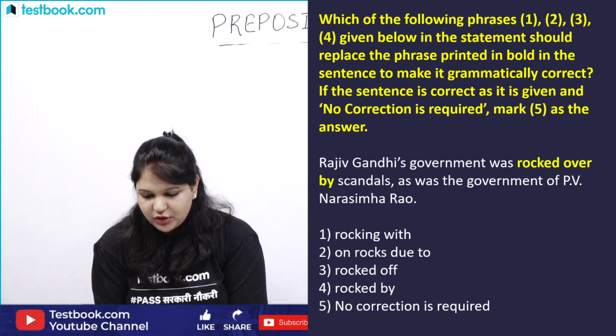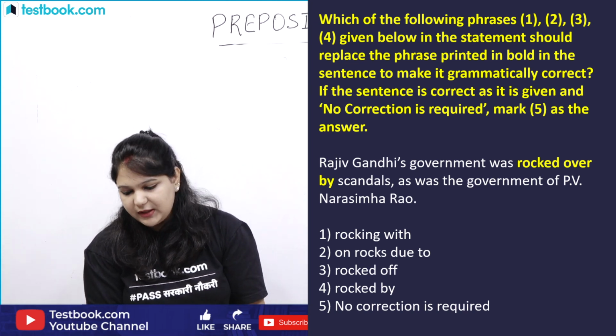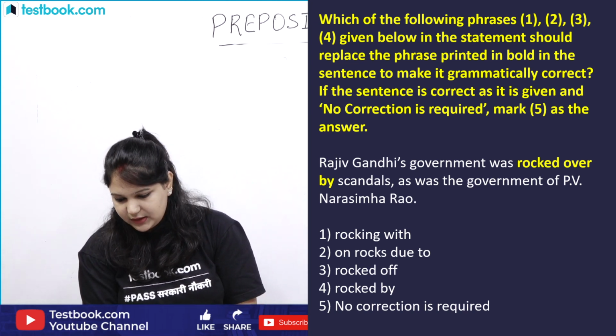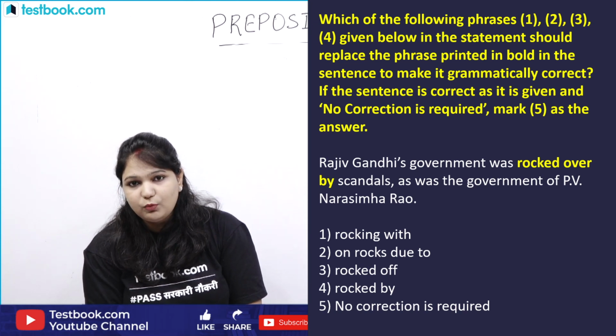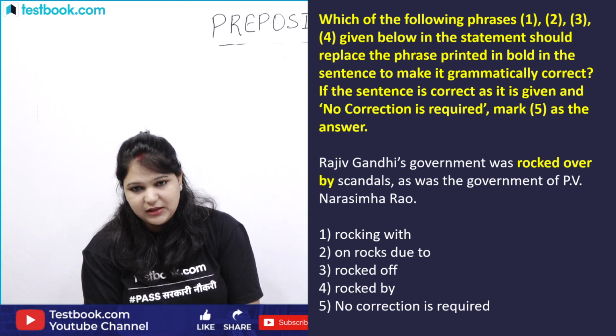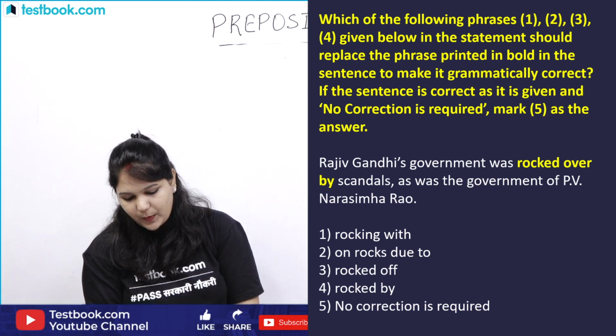So the question on your screen is in the same format as the last question. It says Rajiv Gandhi's government was rocked over by scandals, as was the government of PV Narasimha Rao.